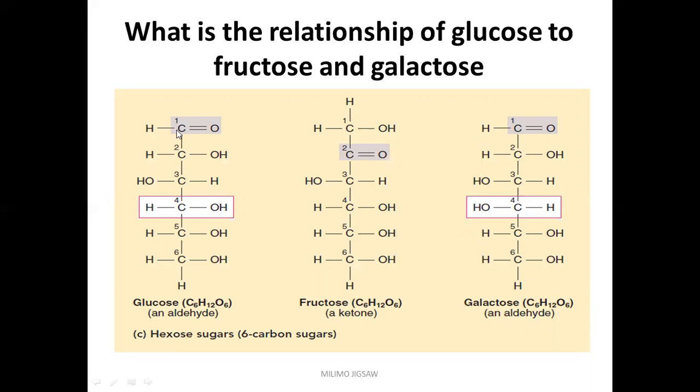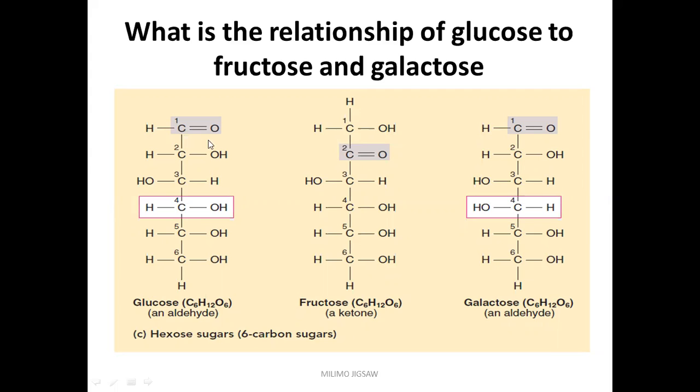So we have carbon number 1, carbon 2, carbon 3, carbon 4, carbon 5, carbon 6. So this is glucose. Look at the highlighted parts, because we are trying to find the relationship that exists between glucose, fructose, and galactose.